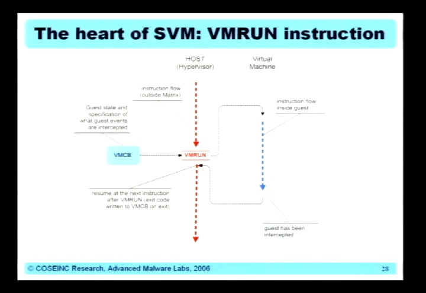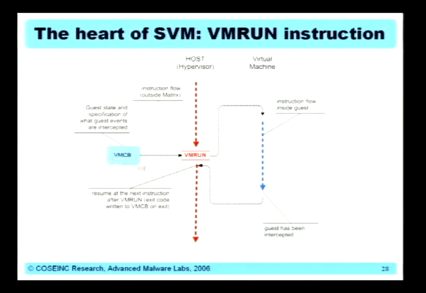The control block contains information about what kind of events you would like to intercept. For example, every call of the SIDT instruction, or every debug exception, or every page fault exception, or whatever. There's a list of a few dozen events which we can intercept.